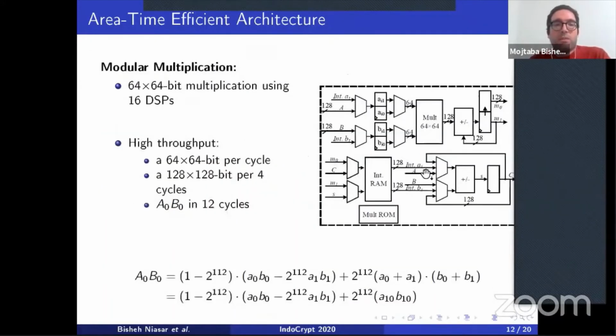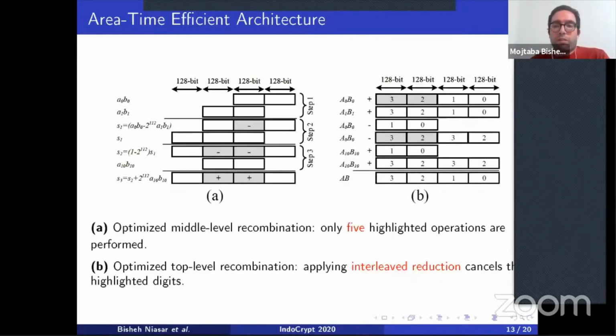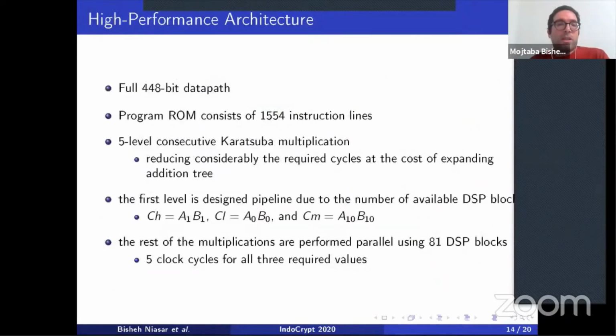As you see, the throughput of our design is high. It can produce 1 64 by 64 multiplication per cycle and perform the 448 by 448 multiplication in only 15 cycles using the refined Karatsuba technique.